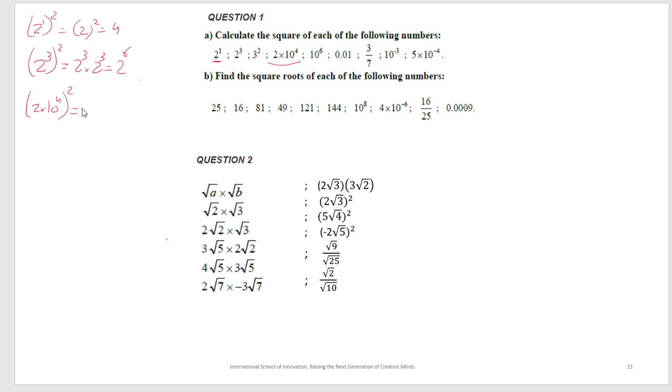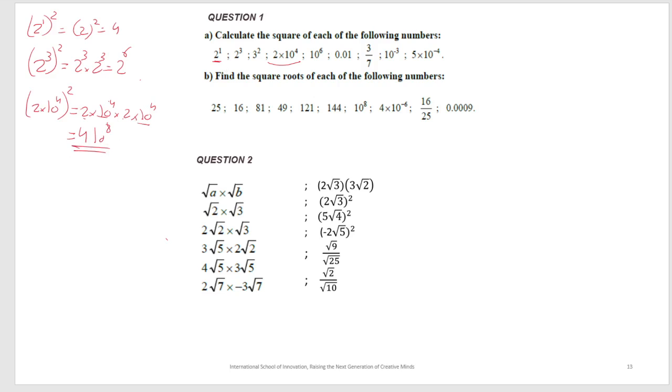So it's equal to 2 times 10 power 4 times 2 times 10 power 4, times itself 2 times. 2 times 2 is 4, 10 power 4 times 10 power 4 is 10 power 8. It's like that, guys. Really, it's very simple.